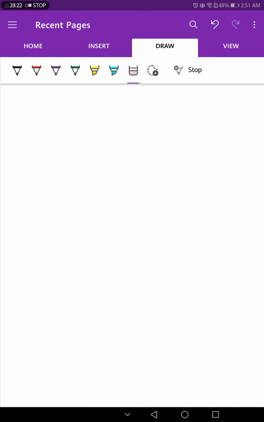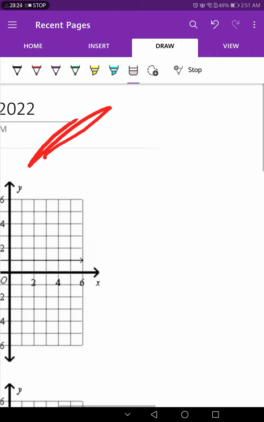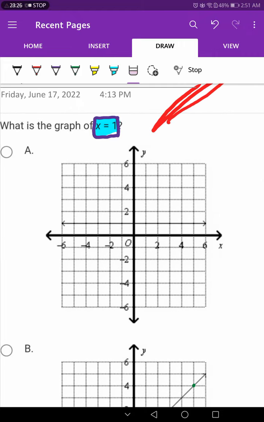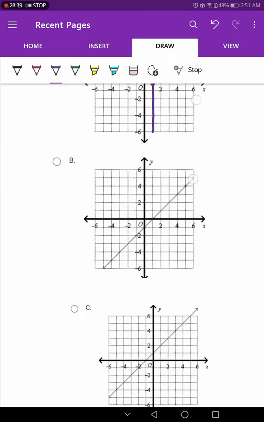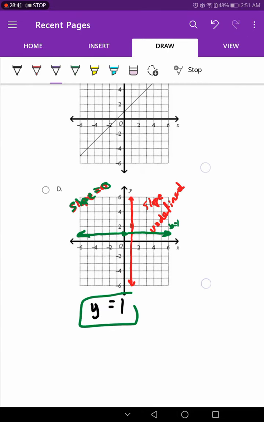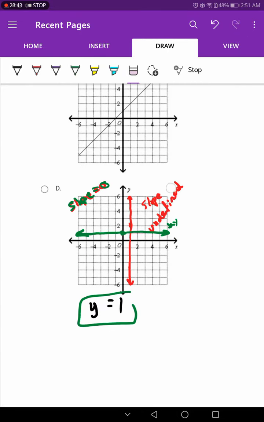So here he asked me to graph x equals 1. Directly I'm looking for x equals 1. Where is x equals 1? Here. And the line must be like this. Okay, see, where's the answer? Yes, it is here, this one. But let me erase everything before you get confused.